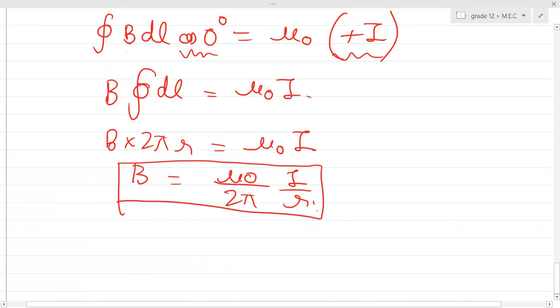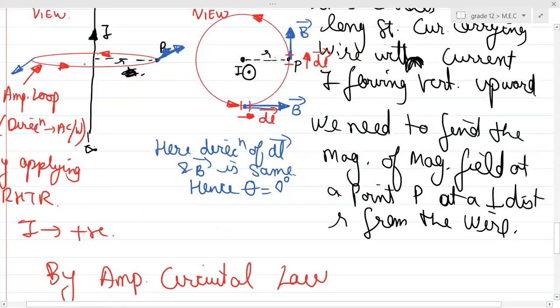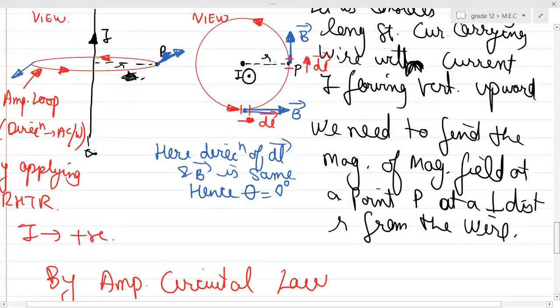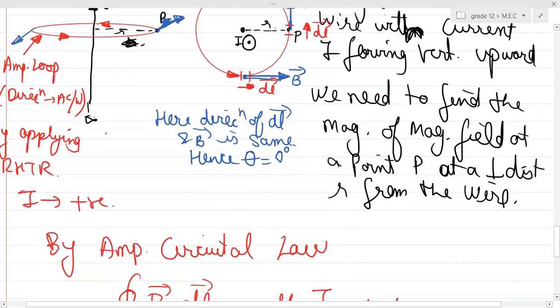Now, if we would have chosen the direction of the loop to be clockwise, then if you apply the right hand thumb rule, the current would have become negative.